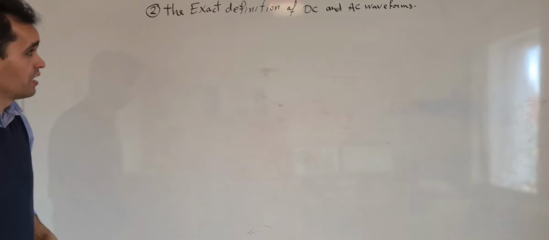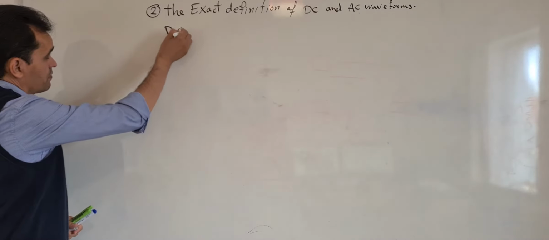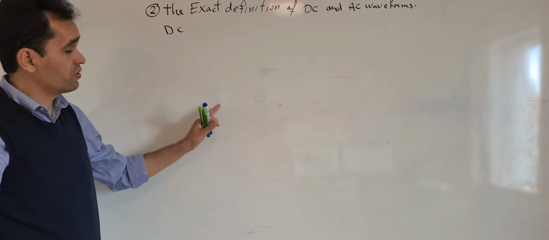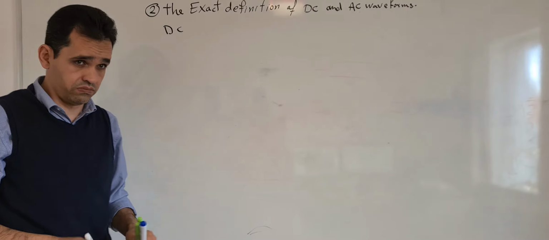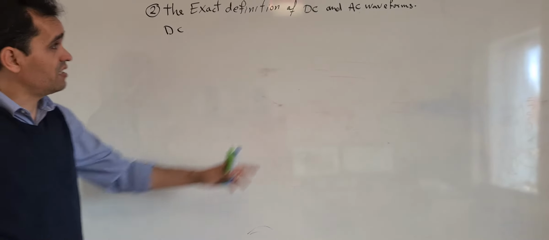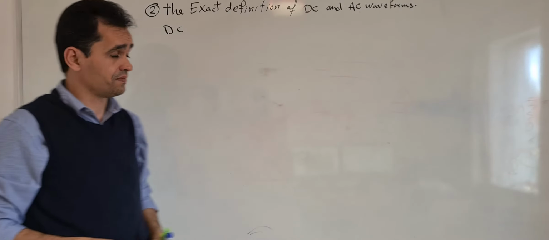Okay, let's start with the DC. For DC, we need to understand the source of DC power. Usually it comes from a battery or from a solar cell or from an AC wave converted or rectified to DC.